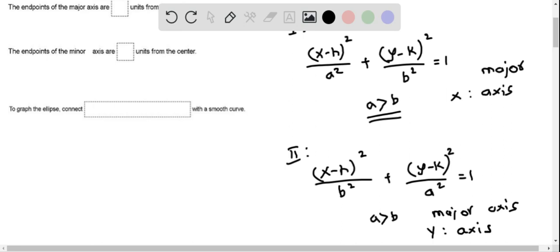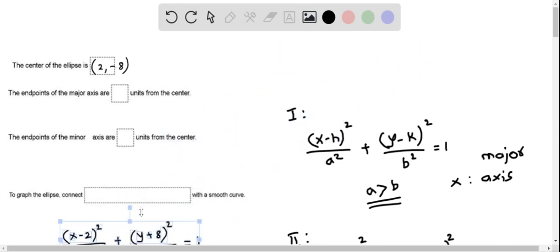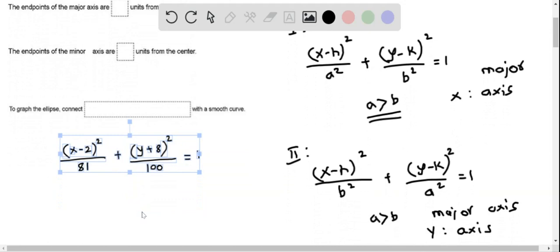So let's compare our original ellipse equation with these two standard types. So let me just bring it over here. Okay, so first we have to determine the value of a and b. Clearly this has to be a, because when you compare the denominators 100 and 81, 100 is greater than 81.